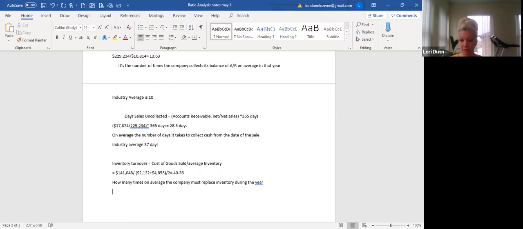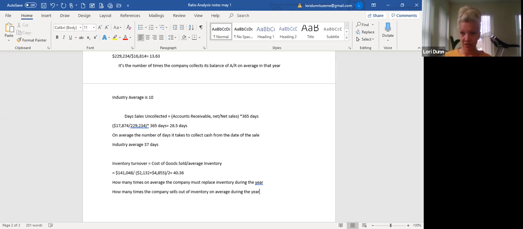So Apple had to replace their inventory 40 times, or 40.4 times during the year. Or, the other perspective, we could say it's how many times the company sells out of inventory on average during the year. Because if you have to replace it, that means you sold that inventory.